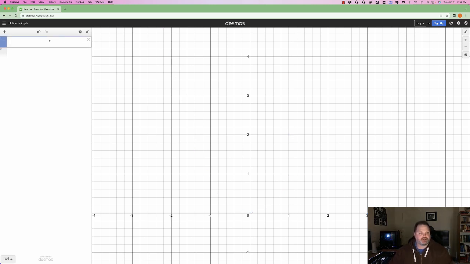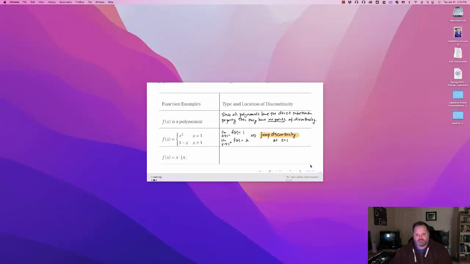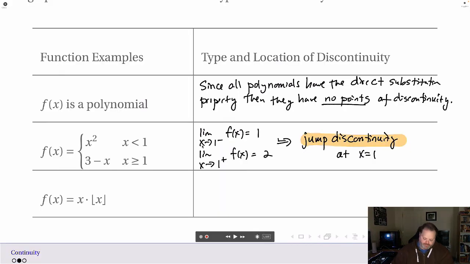So the next function here is x times, if you look back at the notation real quick in the notes, you've got this angle bracket underneath. In class, I would have asked anybody if they knew the notation.